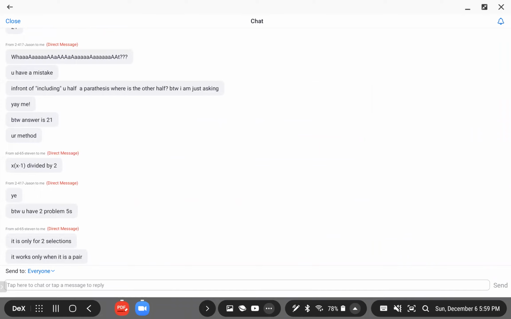And Stephen, please explain your method for me because I did not think of your method. Stephen, it is only for 2 selections. It works only when it is a pair. So please elaborate on your method. Very unique. Very good.